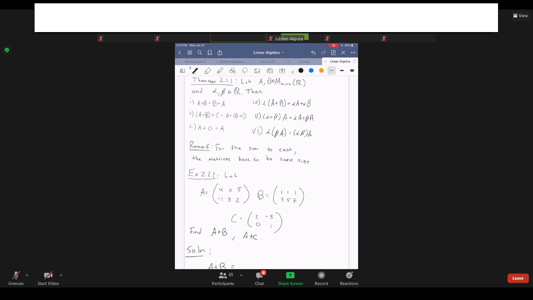So it will just amount to be 4, 0, 5, minus 1, 3, 2, plus 1, 1, 1, 3, 5, 7.